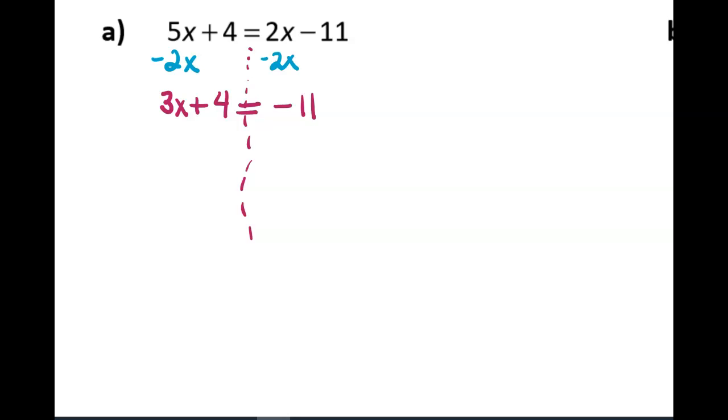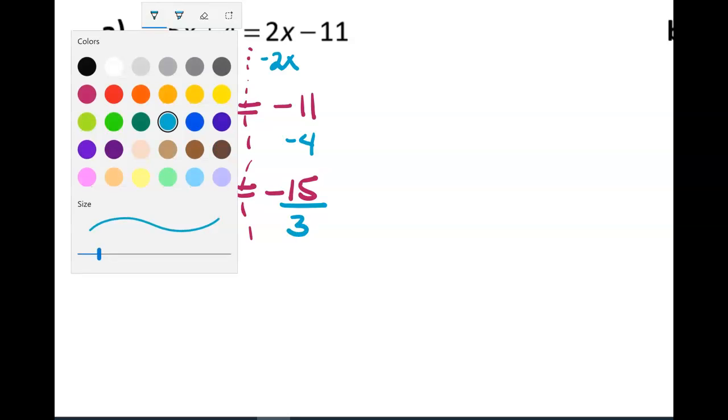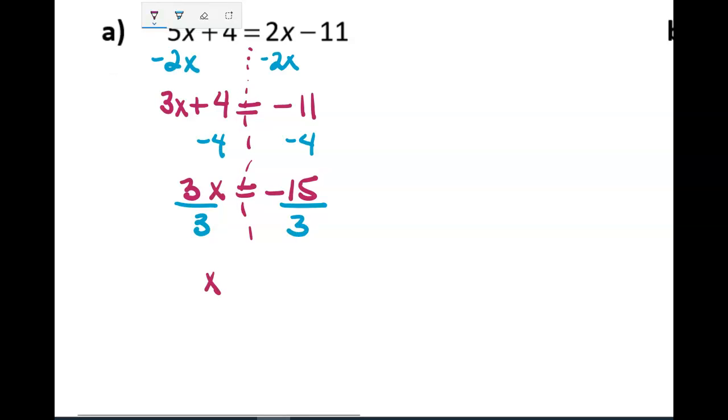Now we're going to subtract off the 4 from both sides of the equation, and we'll again put that underneath its like term so it lines up. What's left now is 3x equals negative 15, and the next operation we'll do to create an equivalent equation is divide both sides by 3, and that'll give us x equals negative 5.